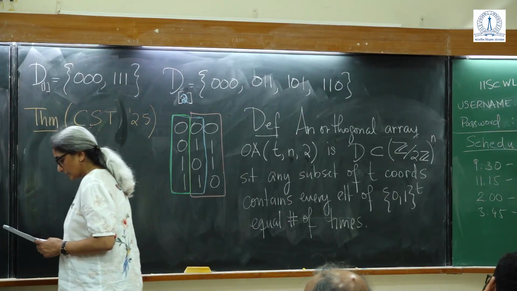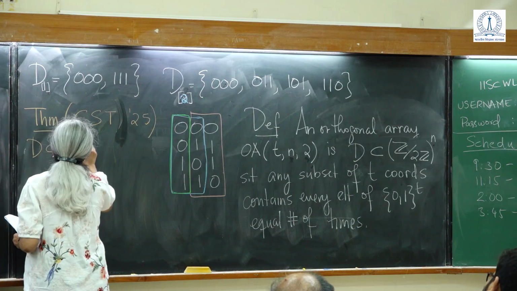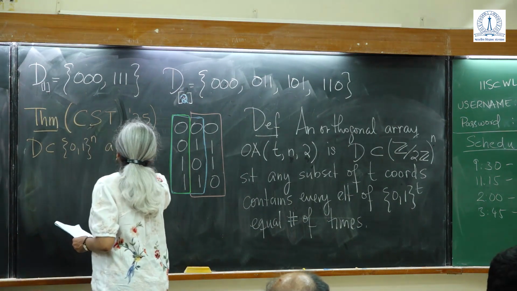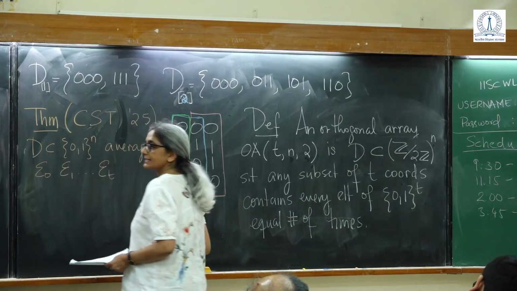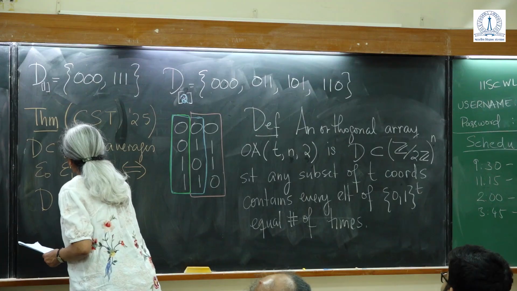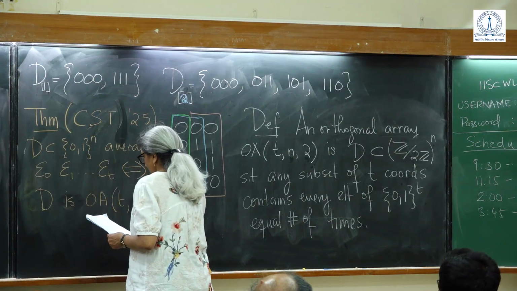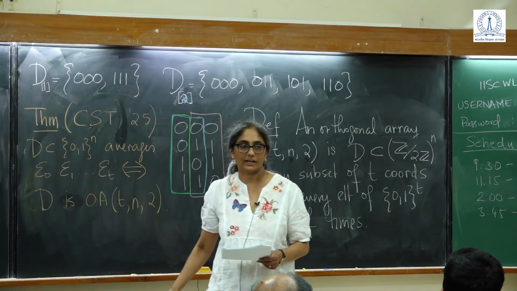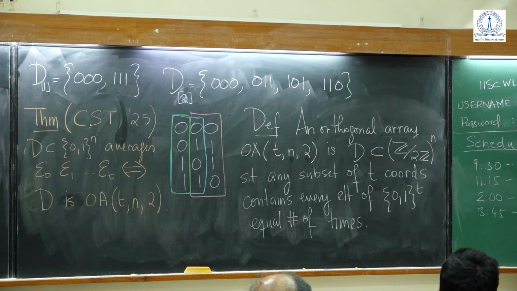So this theorem says that D in 0, 1 to the n averages E0, E1 up to Et, so this is a t design, if and only if D is an orthogonal array of strength t, with parameters n and 2. So the designs are exactly these orthogonal arrays. If you want to average t eigenspaces, the various designs you can pick are exactly the strength t orthogonal arrays.